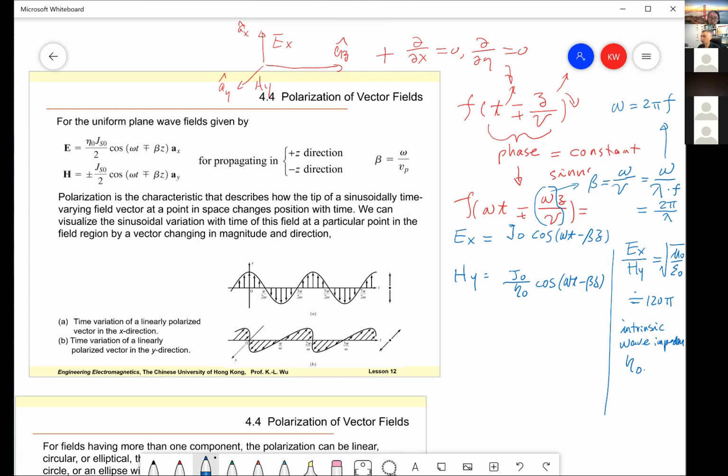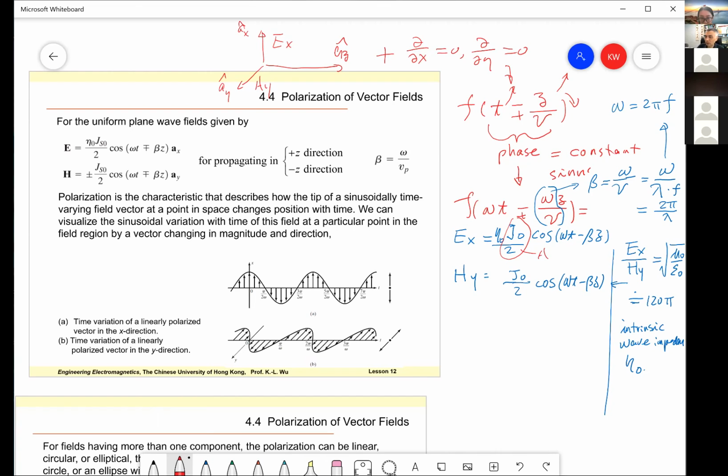Because of this relation, the ratio between the E field and H field is the intrinsic impedance. I just rewrite it with this intrinsic impedance, because this is an arbitrary constant, and I divide by 2. Then this is divided by 2, so the ratio is still the same, right?